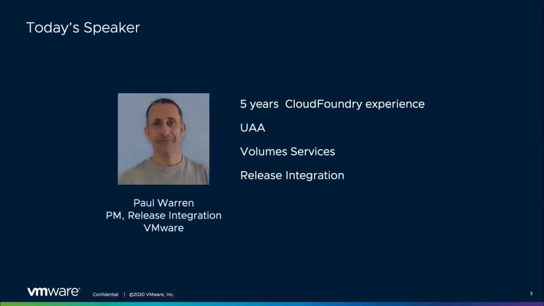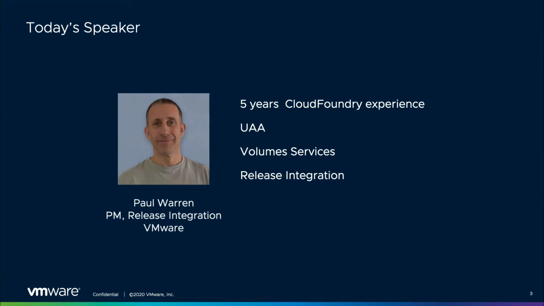So, who's speaking today? Well, my name is Paul Warren, and I work for VMware. And I have had the pleasure of working with Cloud Foundry for about 5 years. I first started on UAA because I'm a Java guy, and at the time I also worked for EMC, so I helped propose and latterly implement the volume services feature that we know in Cloud Foundry.